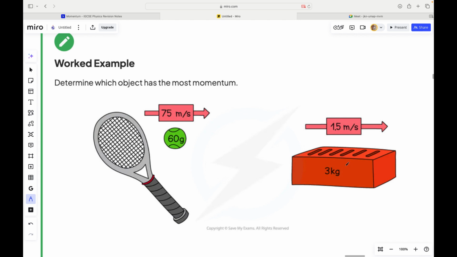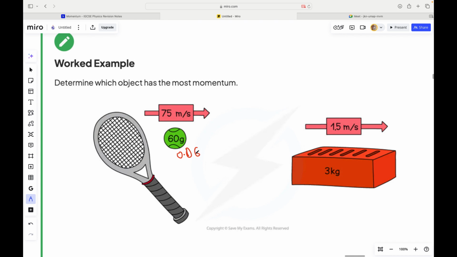Now this object is moving in this direction. The speed is 1.5 meters per second. It's slow. You can see the speed is very small. And the mass is 3 kg. So this one has a huge mass, 3 kg, compared to 0.06 kilogram for the ball.